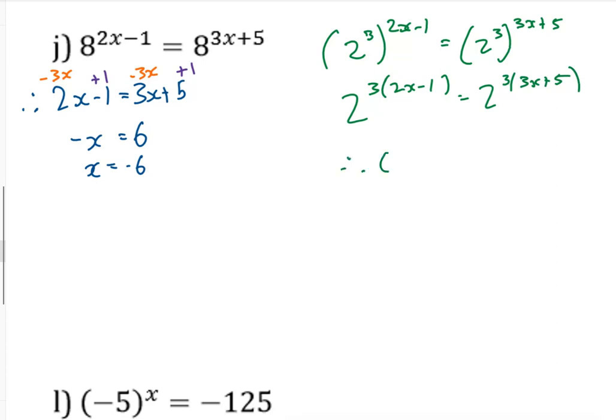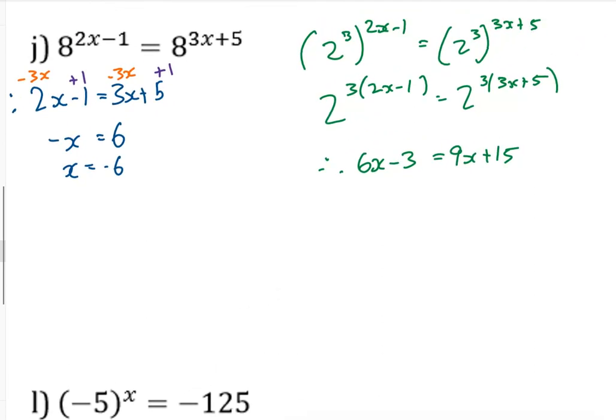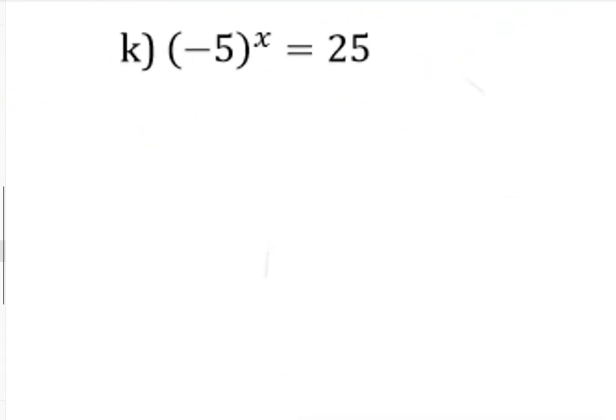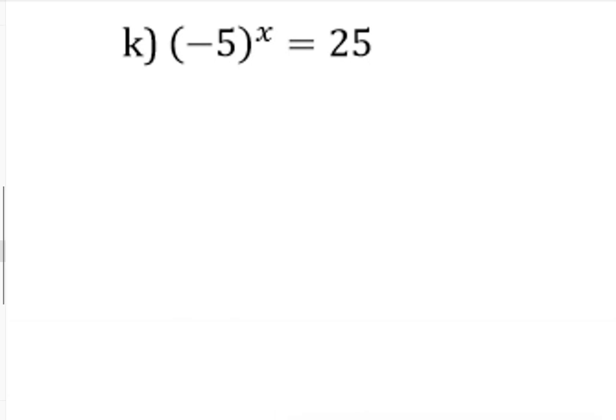So 3 times 2x is 6x minus 3, 9x plus 15. So see, I expanded and equated them. So if this comes up, that's okay to do it that way, or go straight from this step kind of thing. Okay, and then we would solve from there and we'd get the same answer. But it's a lot more work, so why bother? Okay, 2 more.